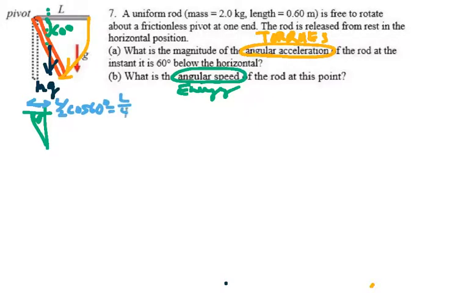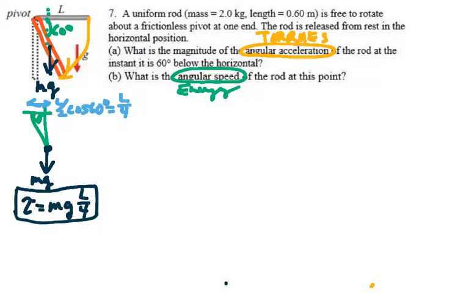So the moment arm for that weight force of mg is going to be L divided by 4, and that torque is going to be mg times its moment arm, which is mg times L divided by 4. That will be our net torque on the rod.